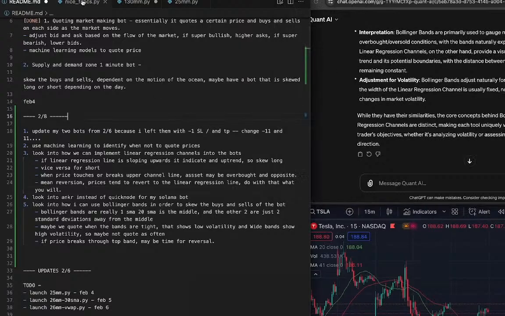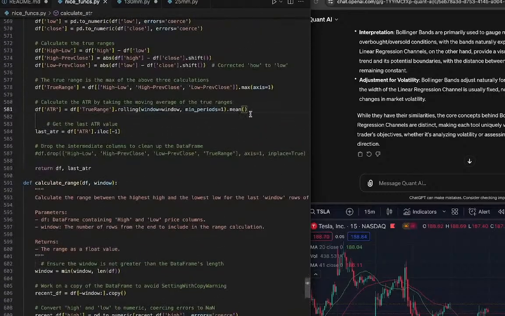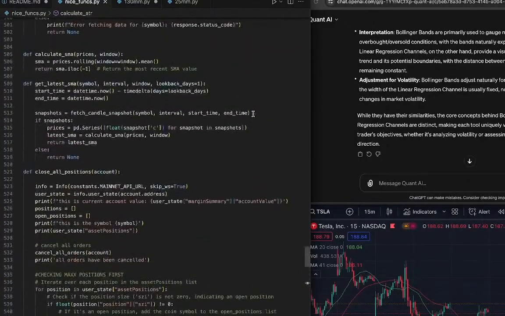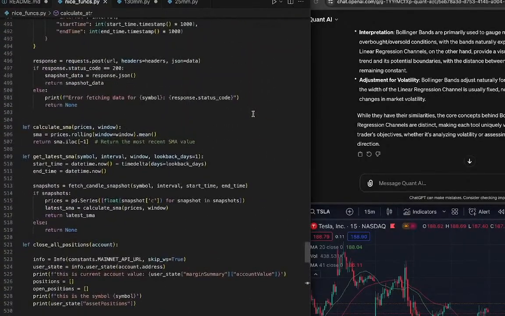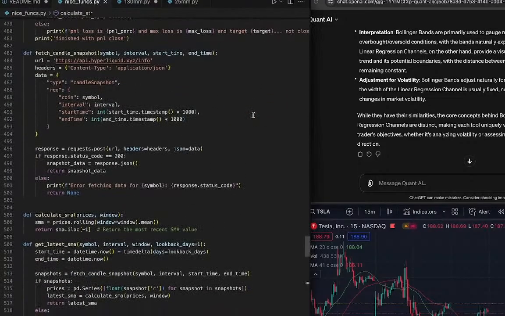Okay, sick. So let's go ahead here and get our DF. Calculate ATR. Get latest SMA. Fetch candle snapshot data.